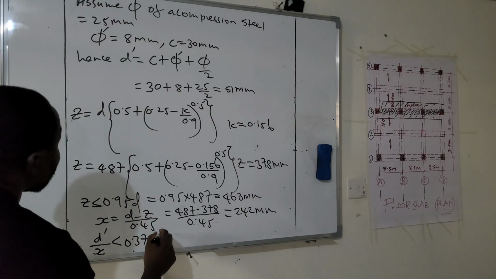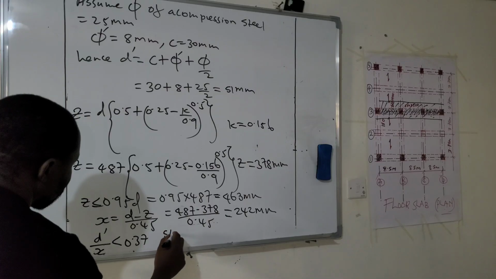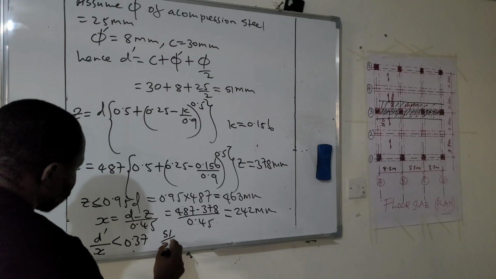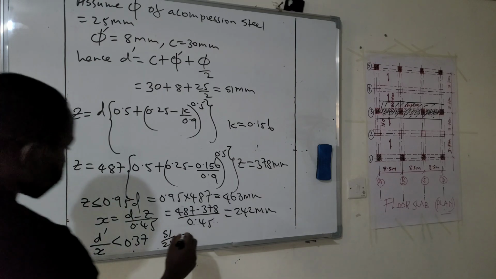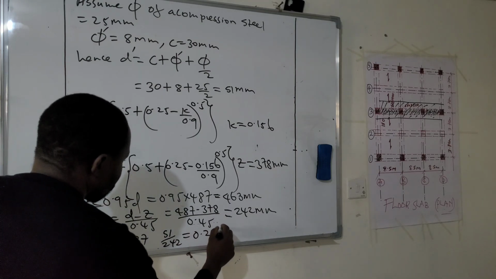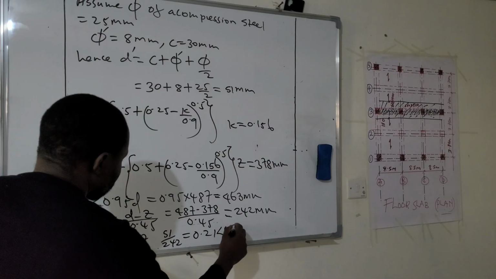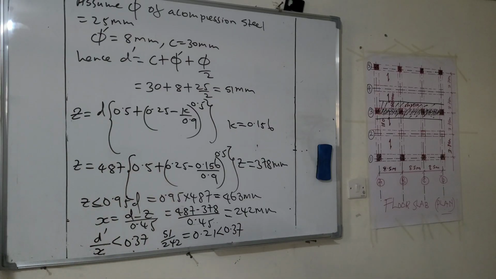So 51 over 242 is equal to 0.21, which is less than 0.37. Therefore, the compression has yielded, i.e. Fs is equal to 0.87 Fy. We now proceed to the area of compression steel bars.